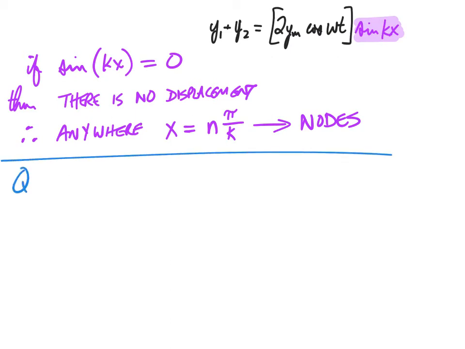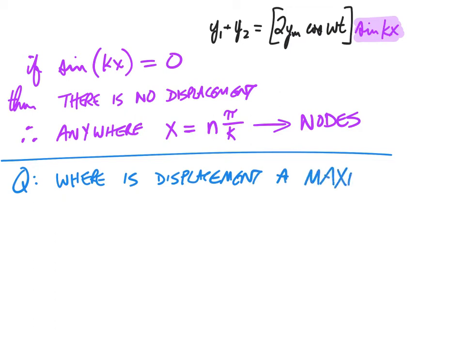Now, a question. Where is displacement a maximum? And the answer to that: what does sine vary between? What is the maximum value you can get for the sine of any angle?